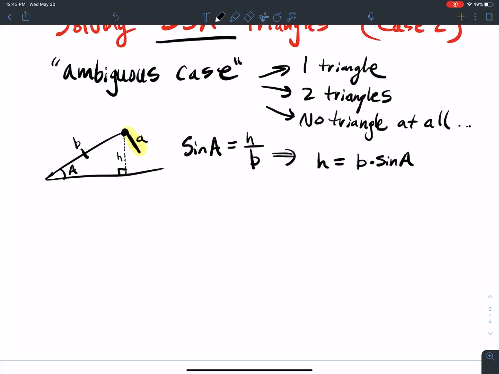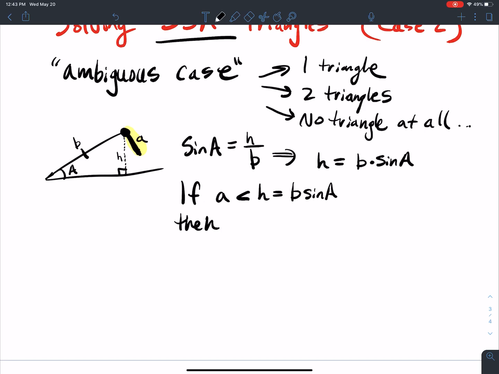Okay? So here's the deal. If A is less than H, so it's shorter like it is in this picture here. If A is less than H, which is equal to B times the sine of capital A, then what?